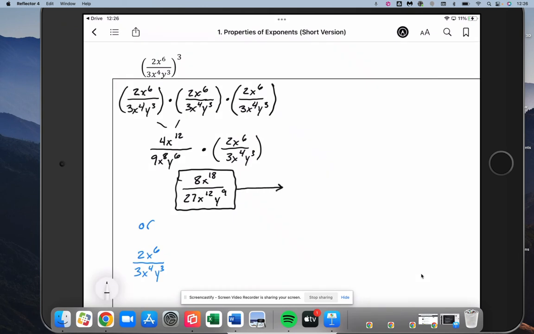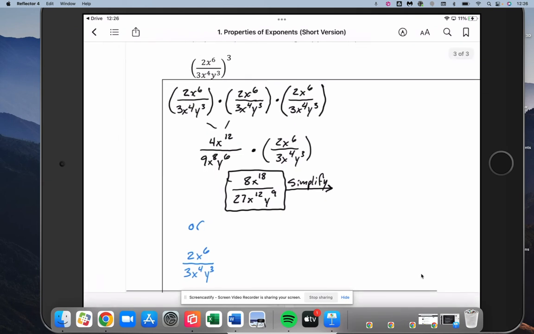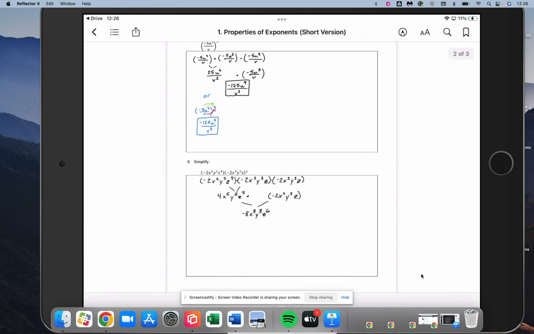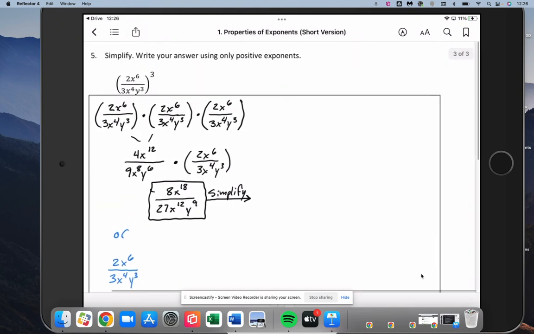We can simplify that because we have an x in the numerator and in the denominator, and I don't think the 8 and the 27 will be simplifiable, so that's kind of nice.